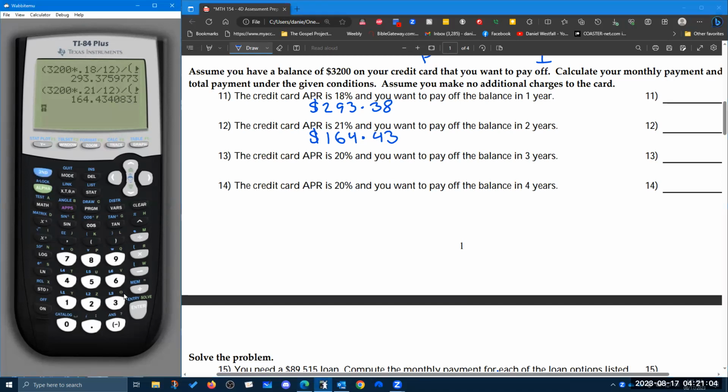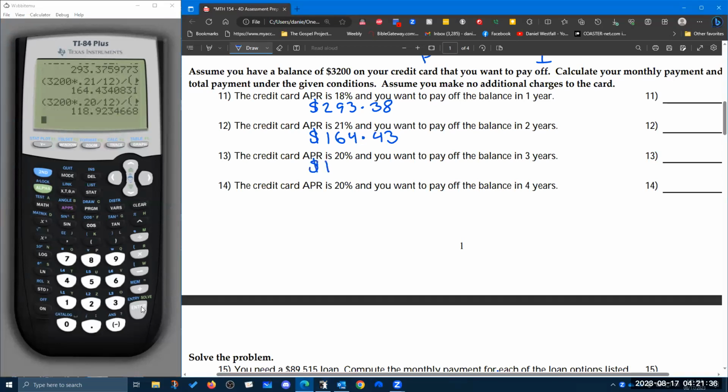Let's raise the interest rate now to, let's make it 20%. Let's pay it off in 3 years. Going to have a monthly payment of $118.90.